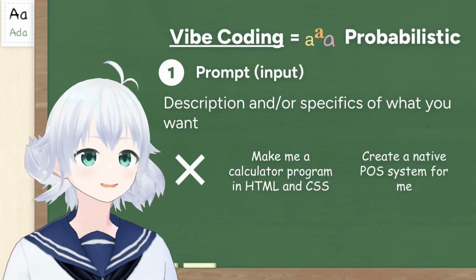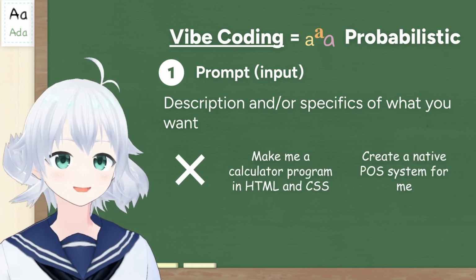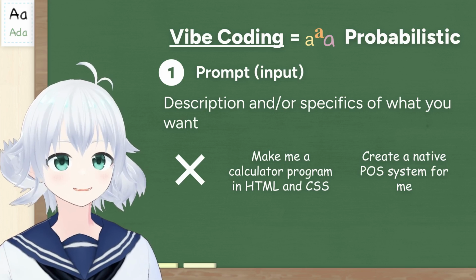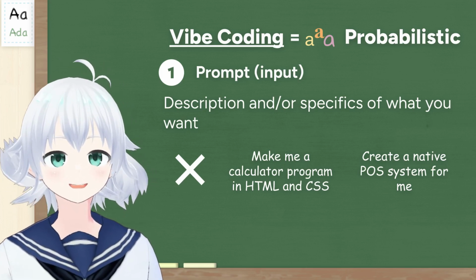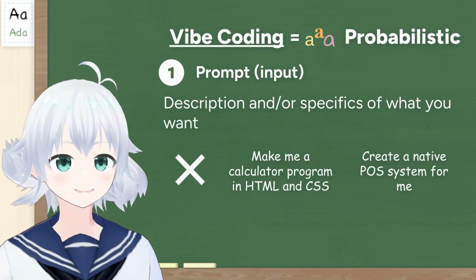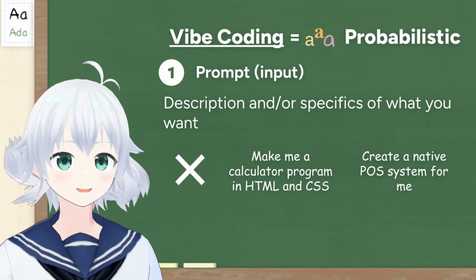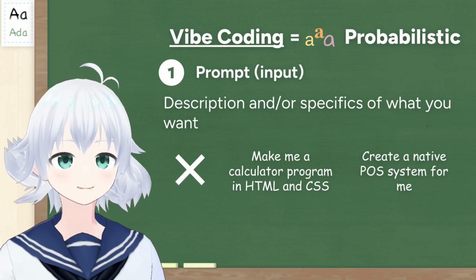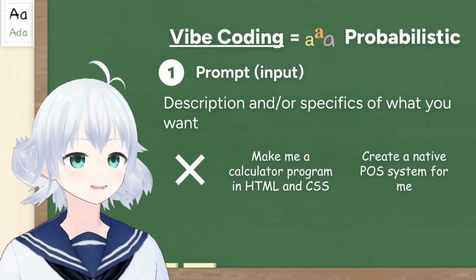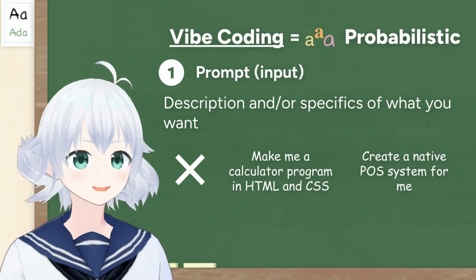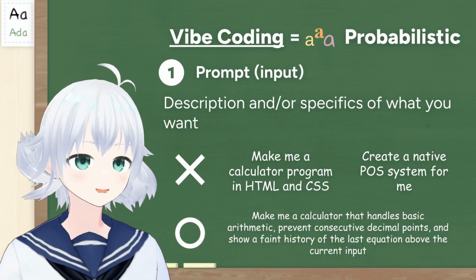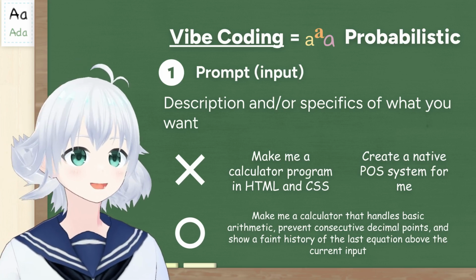A bad prompt is vague and makes the AI leave a lot of room for imagination, like make me a calculator program in HTML and CSS, or create a native POS system for me. There's a good chance that you'll never get what you actually want with bad prompts. On the other hand, a good prompt is down to the specifics of what you want.